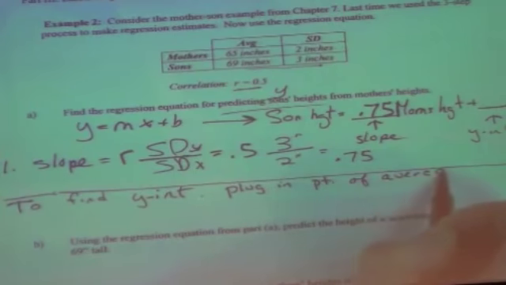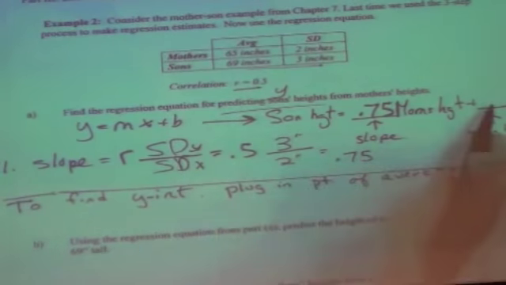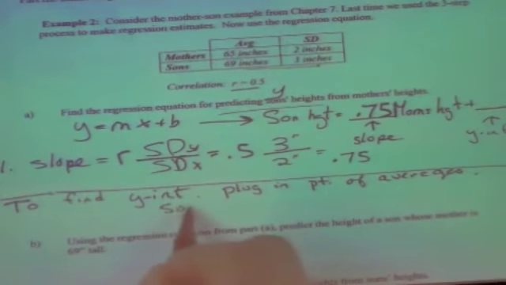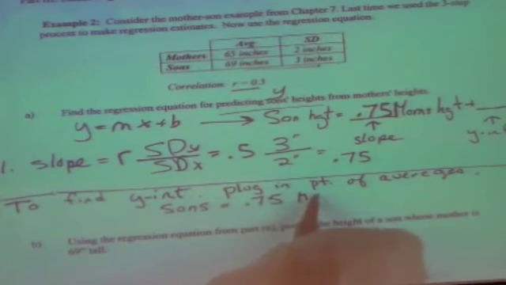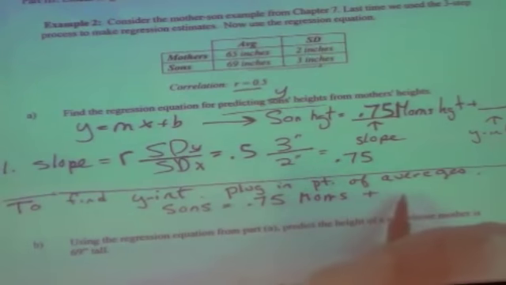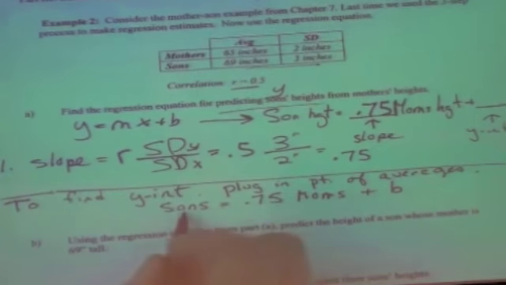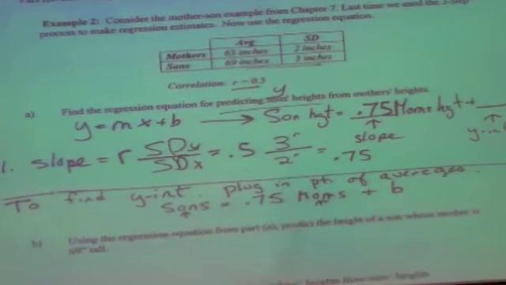That's all you have to do. You know now that sons are equal to 0.75 moms plus b. And you want to get b. So all you have to do is plug in that point of averages.